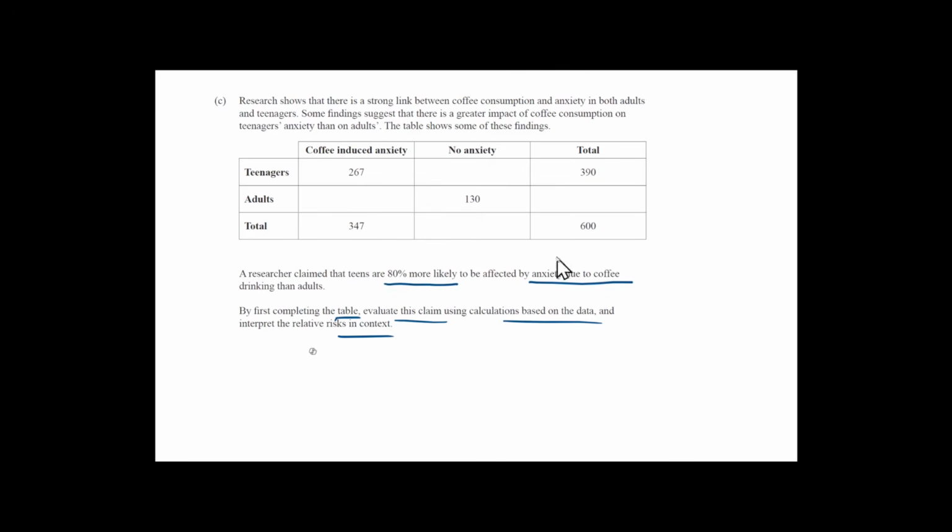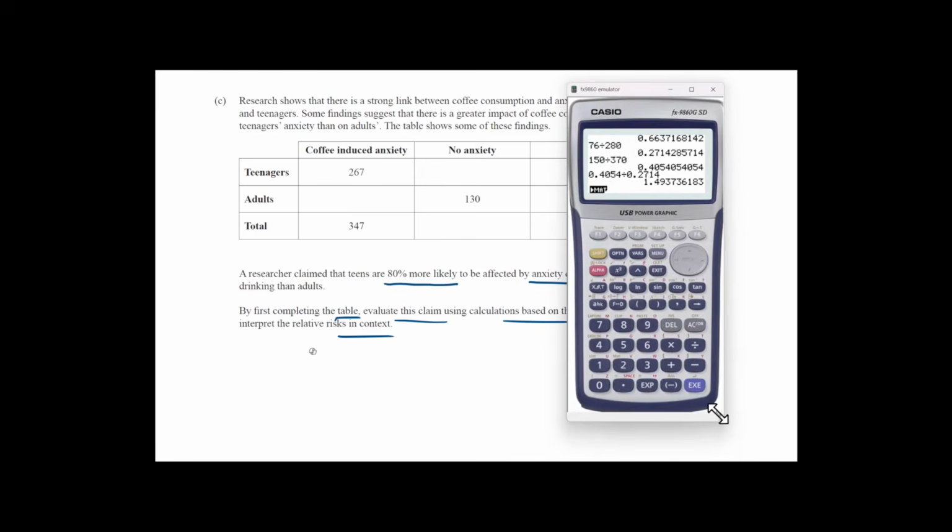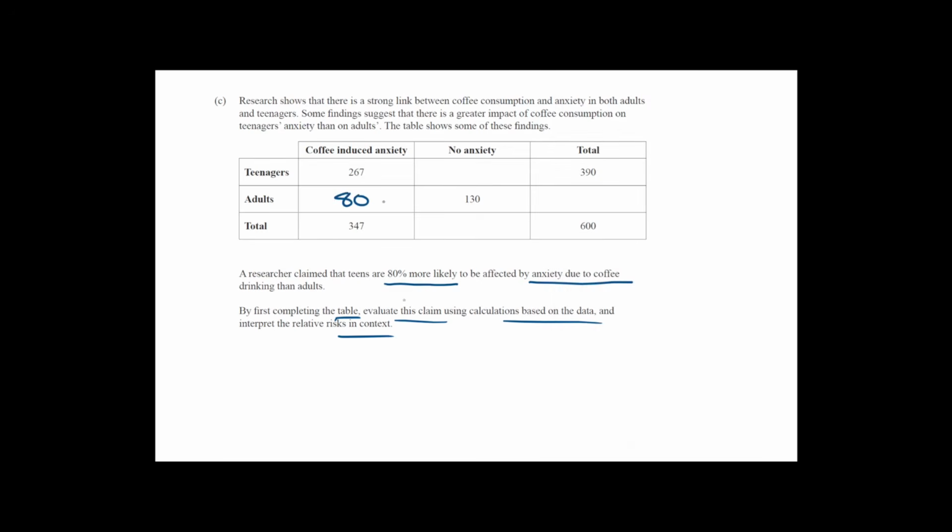So I guess the first thing we need to do is complete this table. So in here should be 347 minus 267, which is 80. So 80 plus 130 is 210.